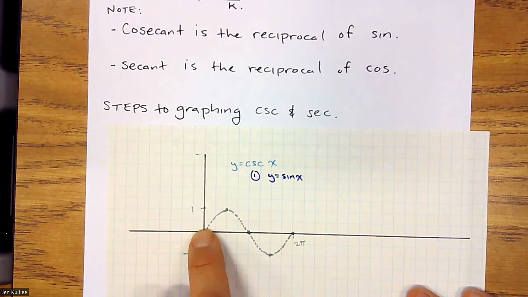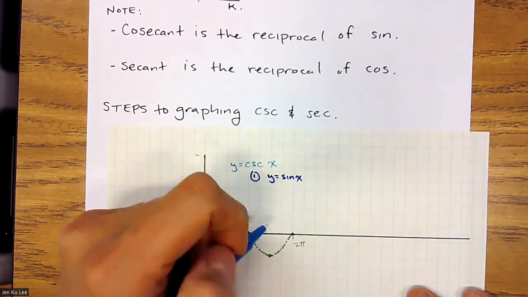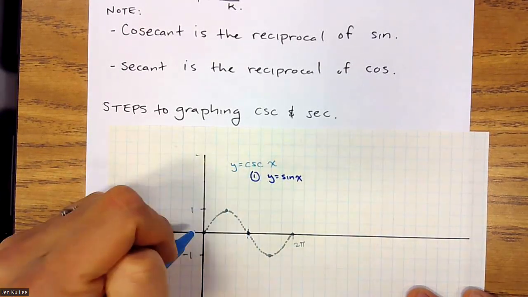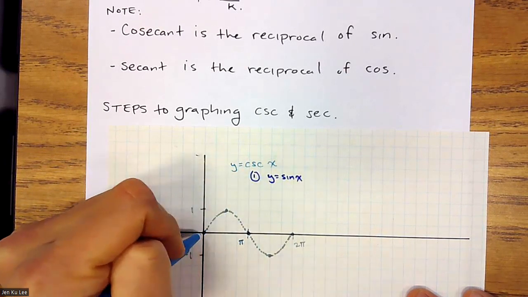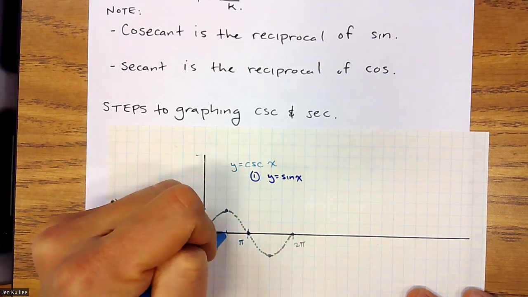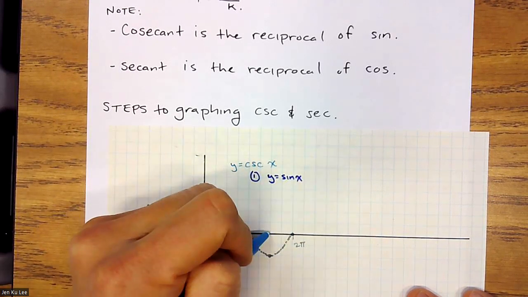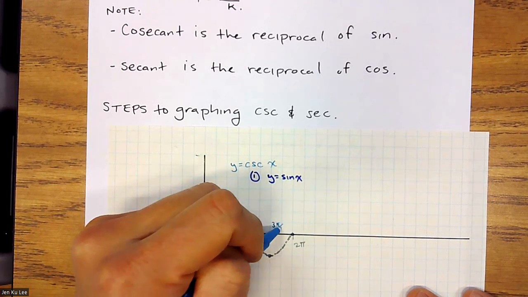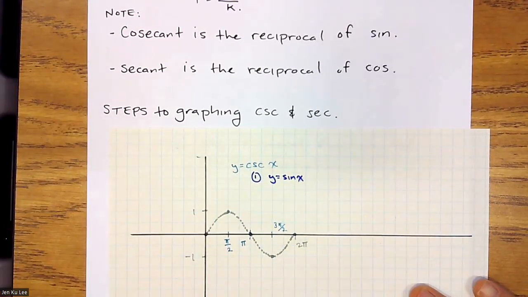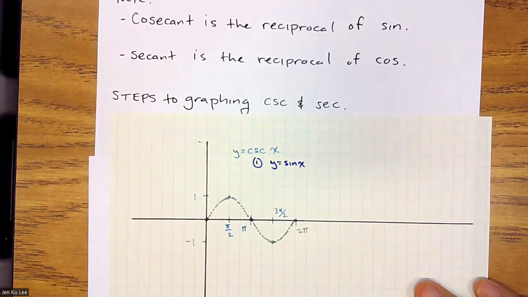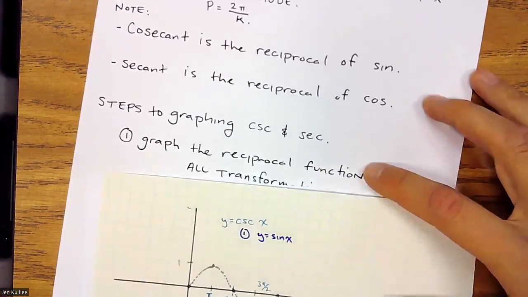This is the sine of x that we all know. To label my x axis, halfway between 0 and 2 pi is pi, halfway between 0 and pi is pi over 2, and halfway between pi and 2 pi is 3 pi over 2. That's your first step.